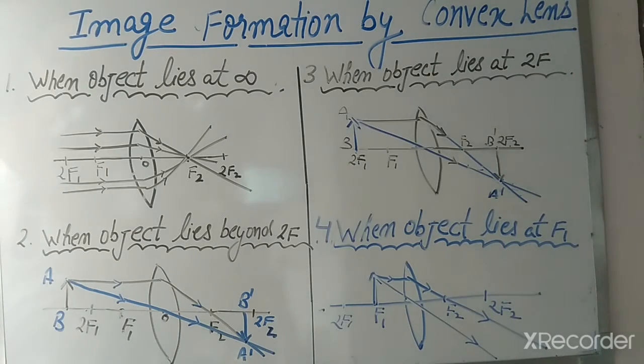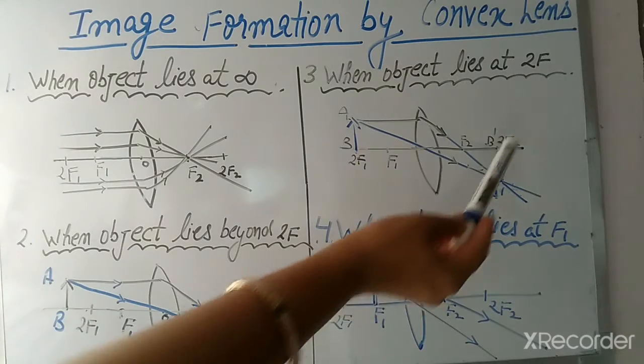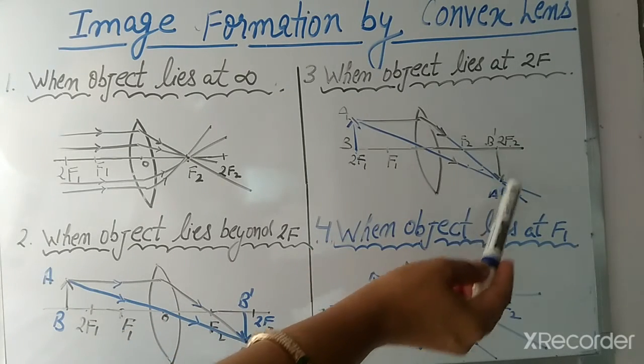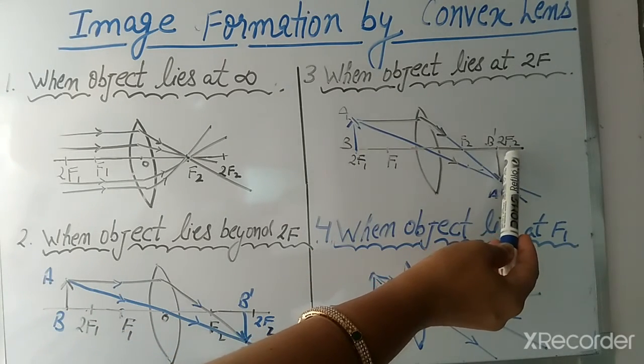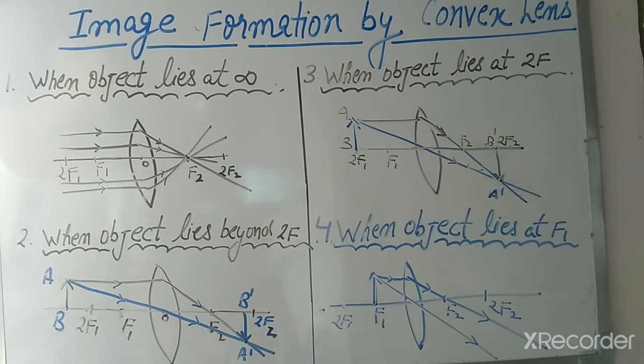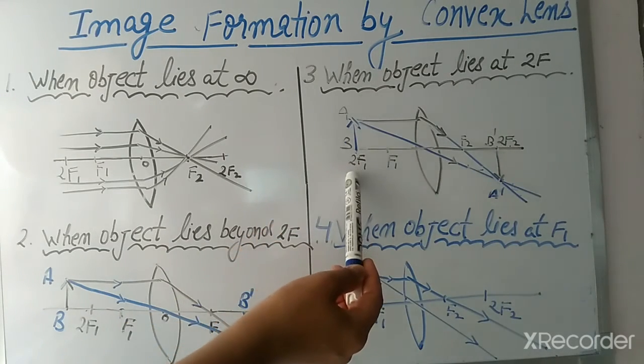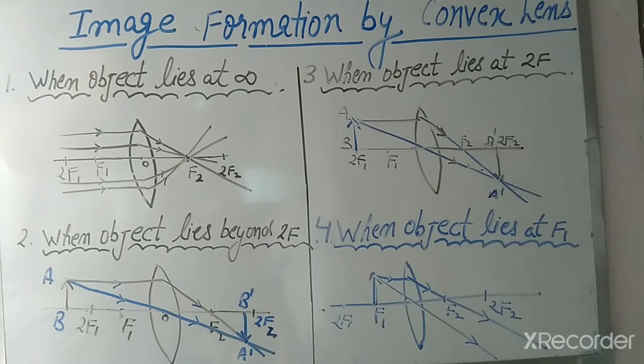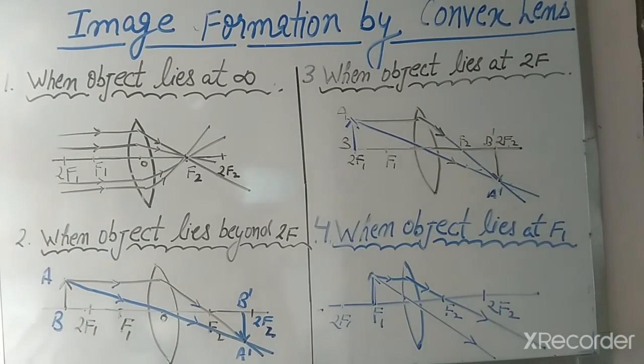So what is the characteristic of the image formed? We see that the image is forming at the 2f2 point, right? We also observe that the size of the object and the size of the image are the same, and the nature of the image is real and inverted.